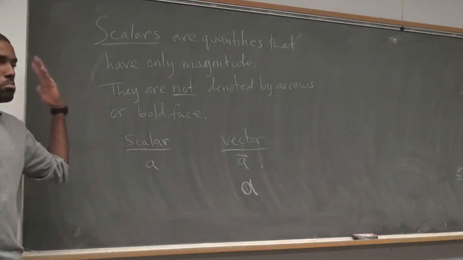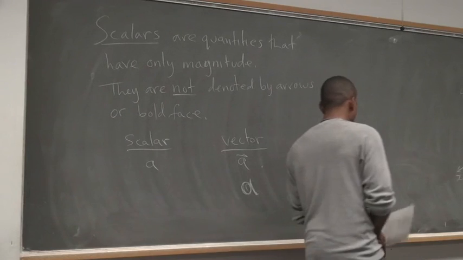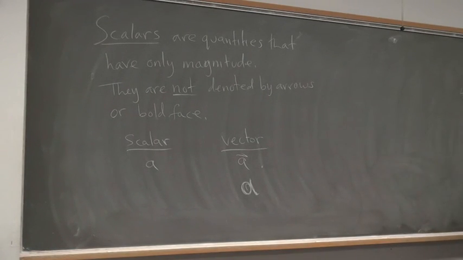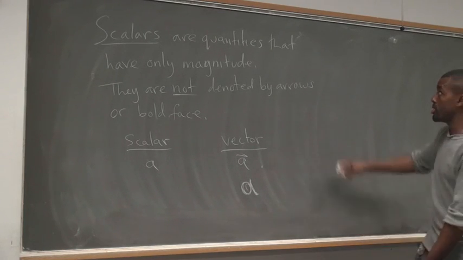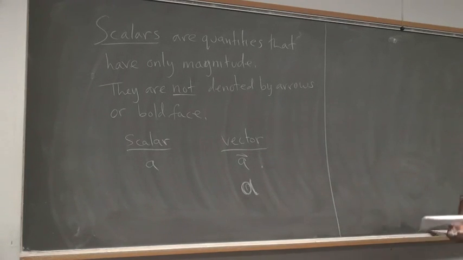The scalar would just be a regular faced A. No arrows, no nothing. And I'm going to hold you to this notation, which means if you're supposed to write a vector and you don't put an arrow over it, I'm going to mark it wrong. I'm going to say, you can't do that with a scalar.